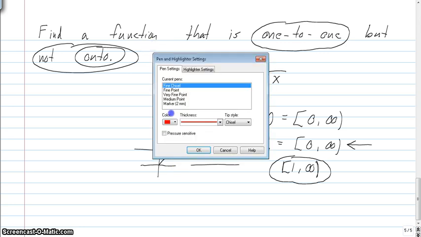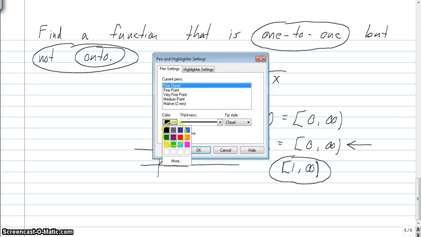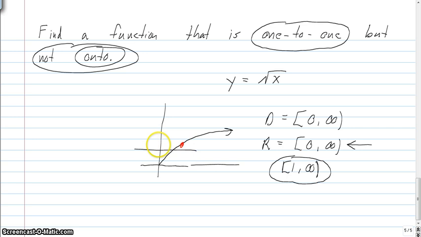Let me go back to black. Right, so here's 1 on the y-axis. If you make this your codomain, you're going to be looking just at this part of the function. But that function is still going to be onto, because all of those y values are going to get used.